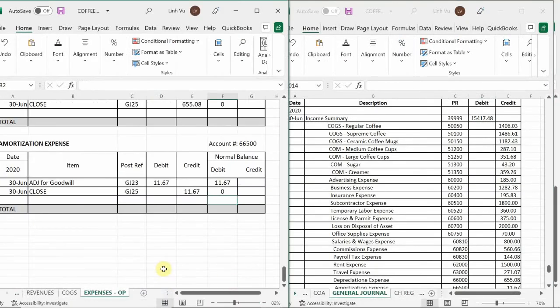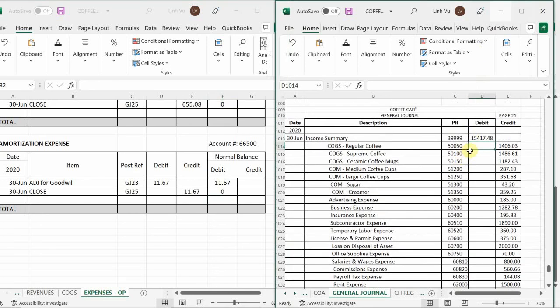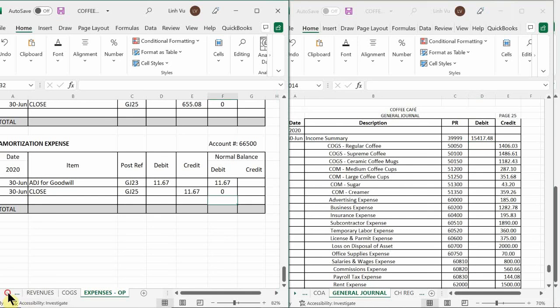Is that true? Well, that's the last thing I need to put in there, my income summary. So I need to go to my income summary, which is an equity account.